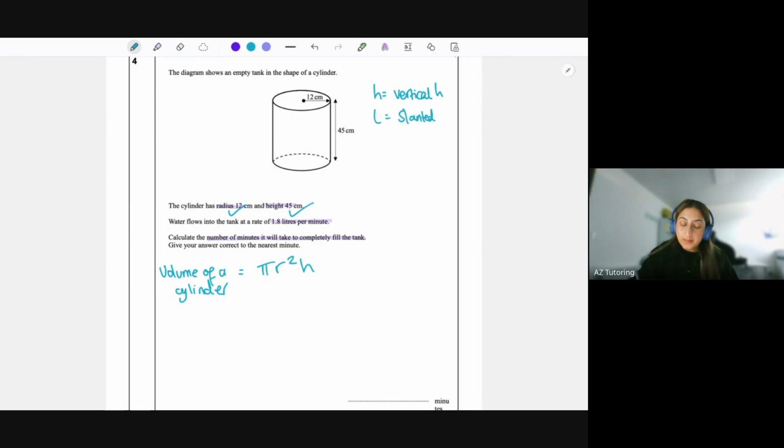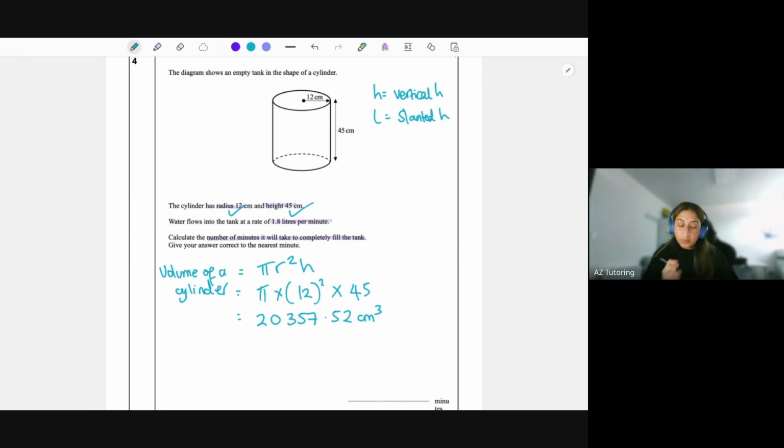Remember the difference between them two. So we've just put the values in: pi times 12 squared times the height, which is 45. If I put that in the calculator, that gives me 20,357.52 centimeters cubed. So we found the volume.